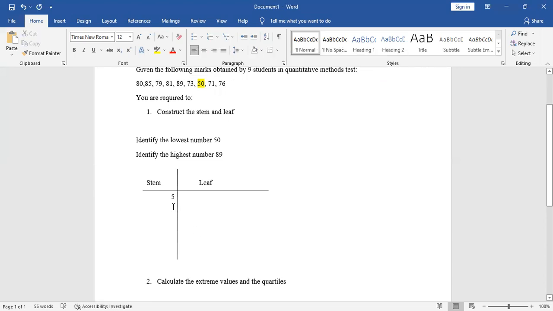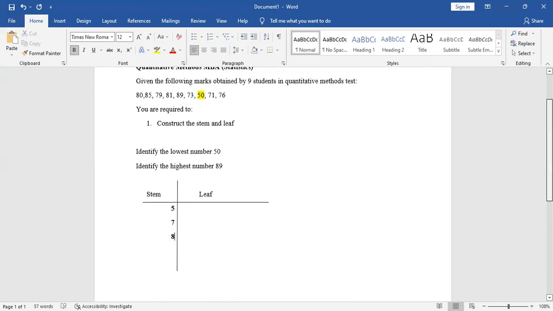So the next stem will be 7 for the 70s. And then I have numbers ranging in the 80s, so the next stem will be 8 to represent the 80s. So we've got numbers from the 50s represented by 5, from the 70s represented by 7, and from the 80s represented by 8.